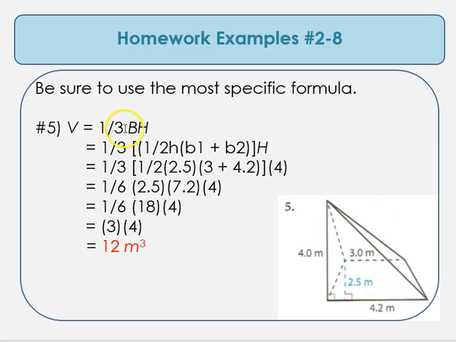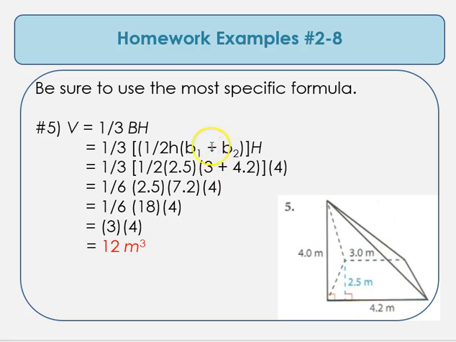So let's begin. We have 1/3 base times height, and we'll change the formula for the base to that of a trapezoid. So it'll be 1/3 times 1/2 height times base 1 plus base 2 times the height of our figure. Or this is the height of the pyramid.